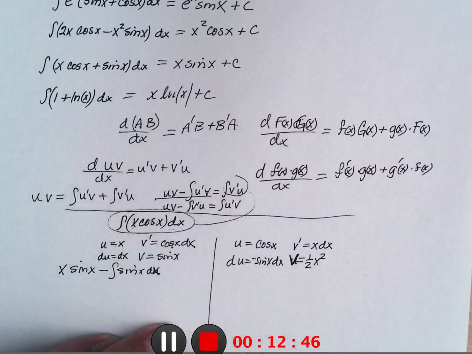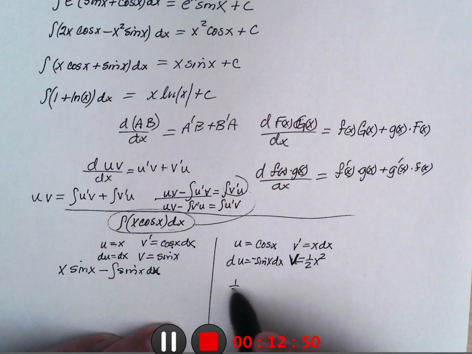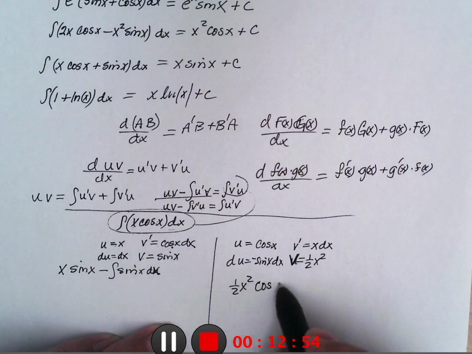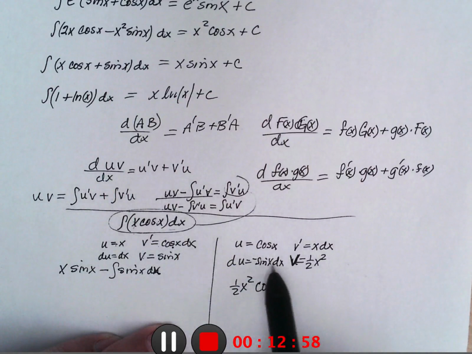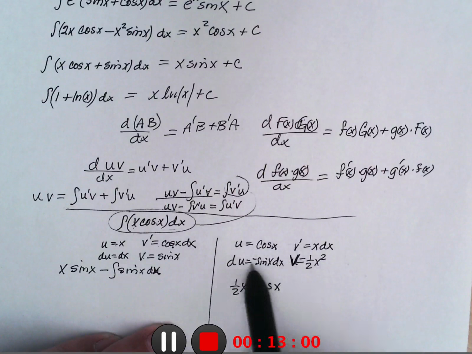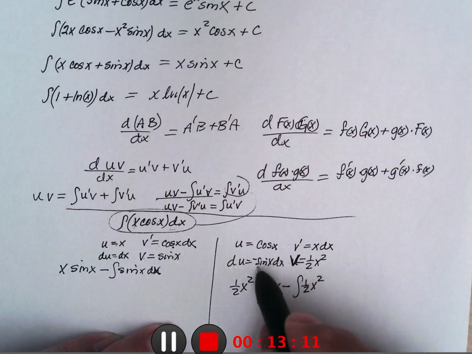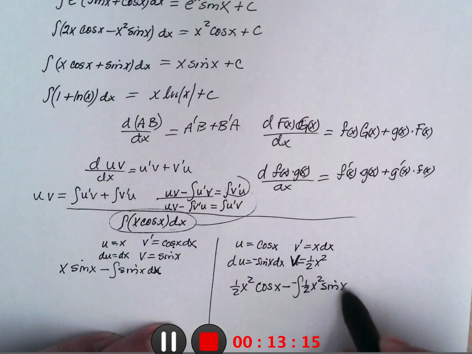So I'd have UV, which is 1/2 x squared cosine x, that's the UV, minus the opposites. So now I got to use these two, minus the integral of these two multiplied. So that's 1/2 x squared and a minus, sine x dx.